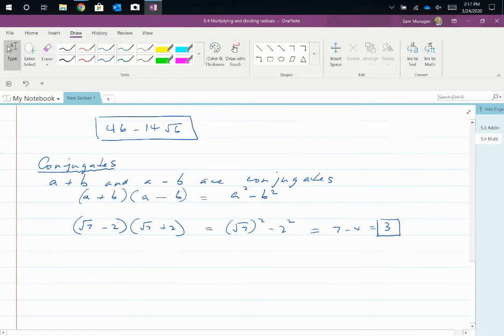Let's look at other examples here. Square root of 5 plus 7 times square root of 5 minus 7.